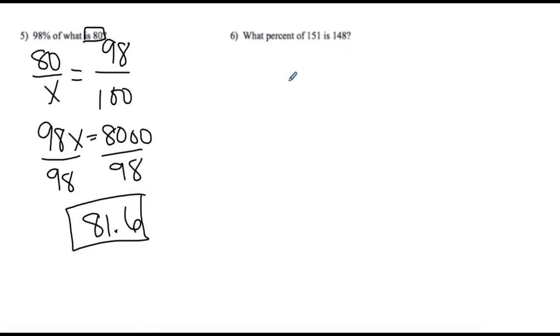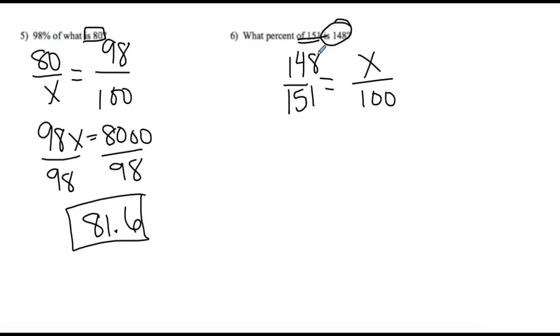Last but not least, I set up my proportions with my 100 in the bottom. What percent? I notice I have no percent sign. If there's no percent sign, I put an x. Of 151, of goes below, is 148. I'm going to put the 148 up top. Now I cross multiply. 148 times 100 is 14,800. 151 times x is 151x.